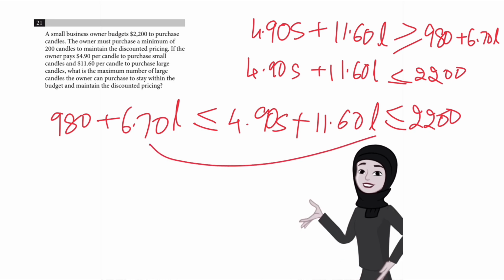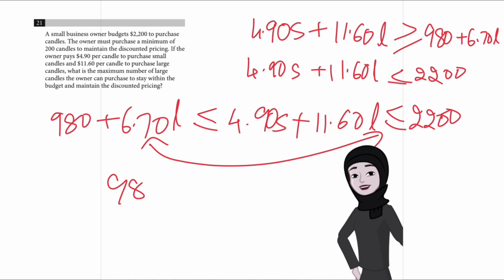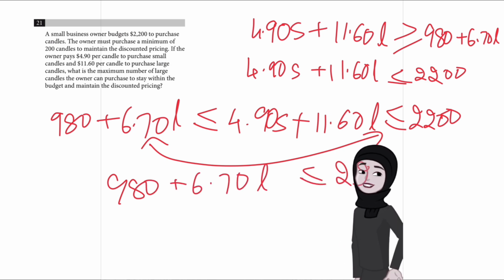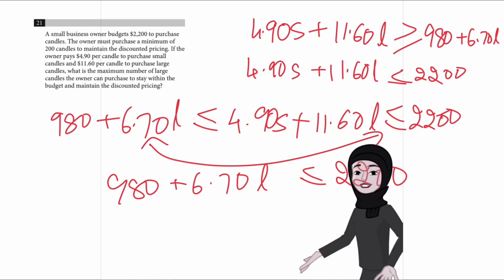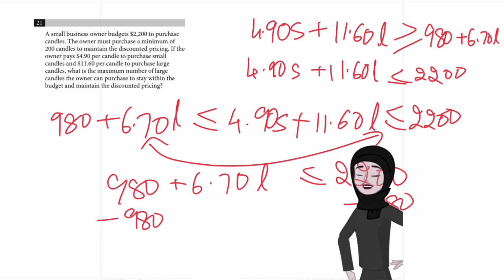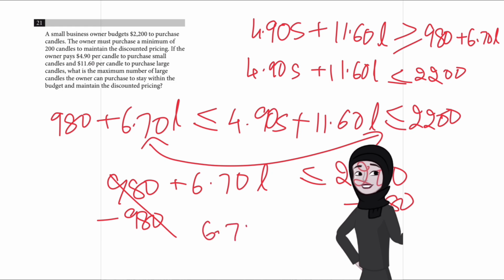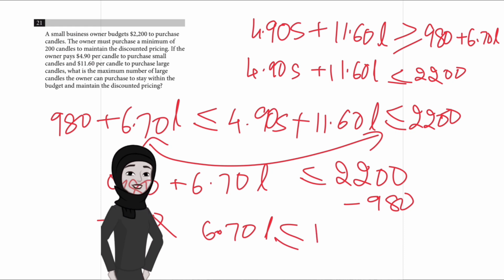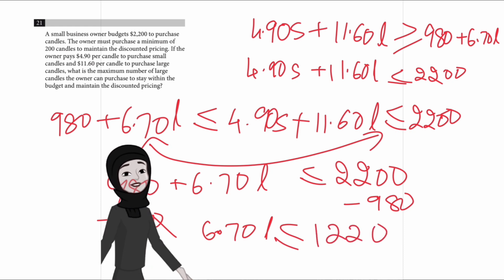Now we will simplify these two. So 980 plus 6.70L less than or equal to 2200. We have to subtract 980 on both sides. So we will have 6.70L less than or equal to 1220.